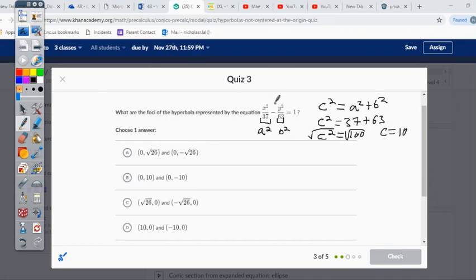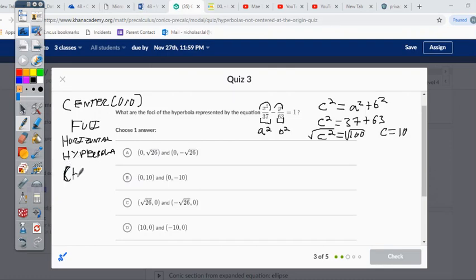And looking right here, our center is 0, 0. And the foci of what we can tell is a horizontal hyperbola is going to be h plus or minus c.